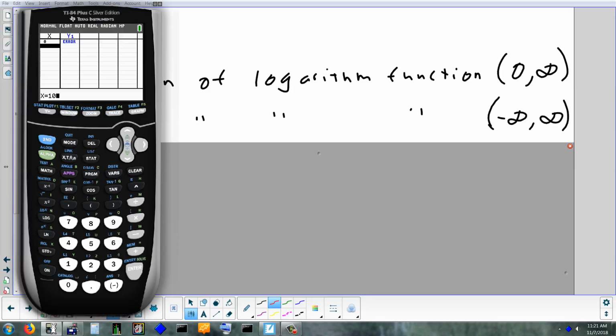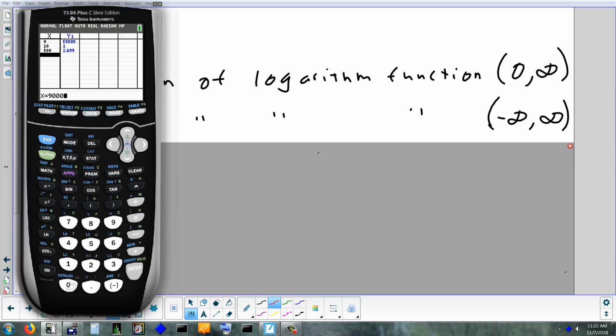So if I take the log of 10, and this is just common log, I'm just doing an example of something specific, the y value is 1. If I go to 500, I went up 490 units on the x, and I only went up like 1.7 units on the y. Didn't go up very much.